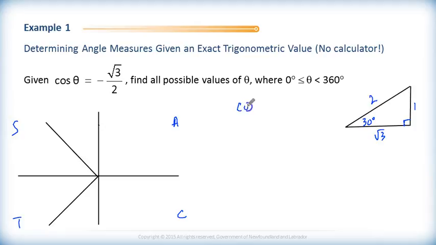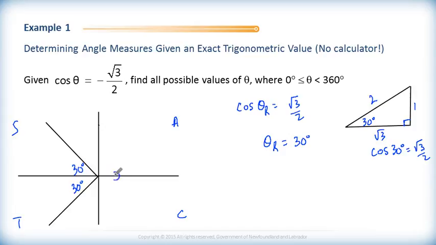We note that the cosine of 30 degrees is root 3 over 2, so therefore our reference angle must be 30 degrees. Cosine of 30 degrees is root 3 over 2, so we use that to help us figure out the reference angle. So we have a 30-degree reference for each of these angles from standard position.